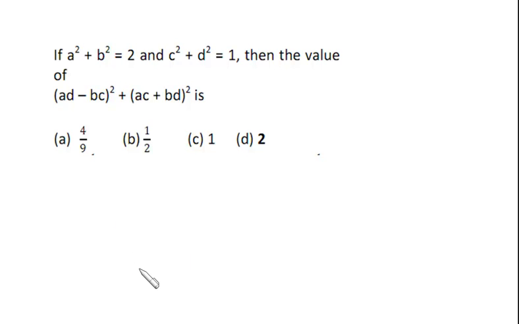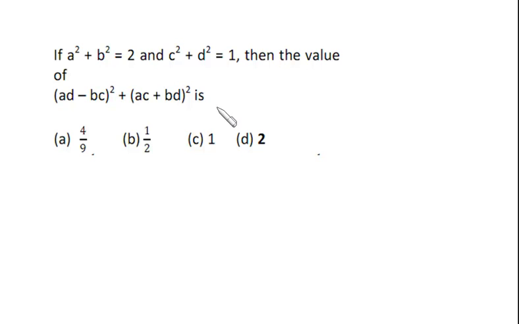Now this problem: a square plus b square is 2 and c square plus d square is equal to 1, then the value of ad minus bc, this is this. See, in this sort of question, never think much, right? What you do is just take comfortable values of the variables which satisfy the given relationship, and after that just proceed. Because when (ad minus bc) whole square plus (ac plus bd) whole square is a constant, because all the 4 options over here are constant values.